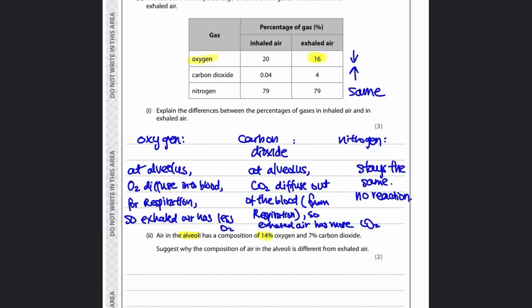And then for CO2, exhaled air is 4%, but in the alveoli, 7%. So again, think of what is happening in the alveoli. At the alveoli, the oxygen will leave it, right? It will leave the alveoli to go into the blood. And that's why there's only 14% as opposed to 16%.